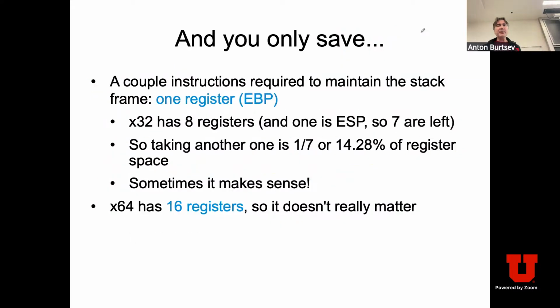On 64-bit machines, the equation changes slightly because you have 16 general registers. And so maybe getting 1 extra register doesn't really matter, but I would argue it takes less than 1% of your performance, if you run stack benchmarks, but it still takes some.